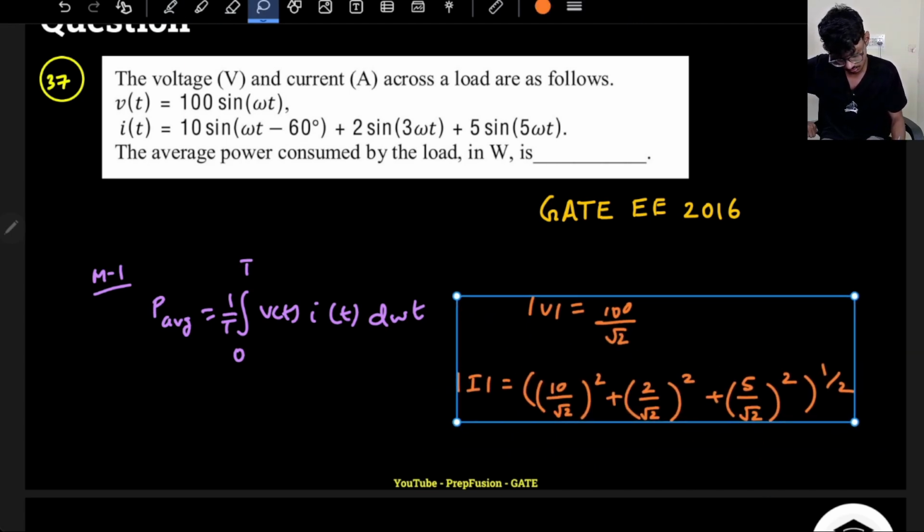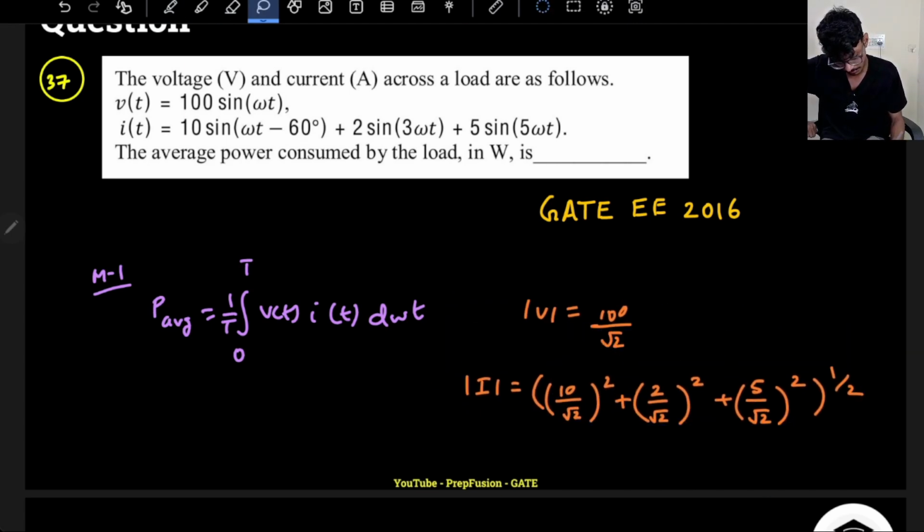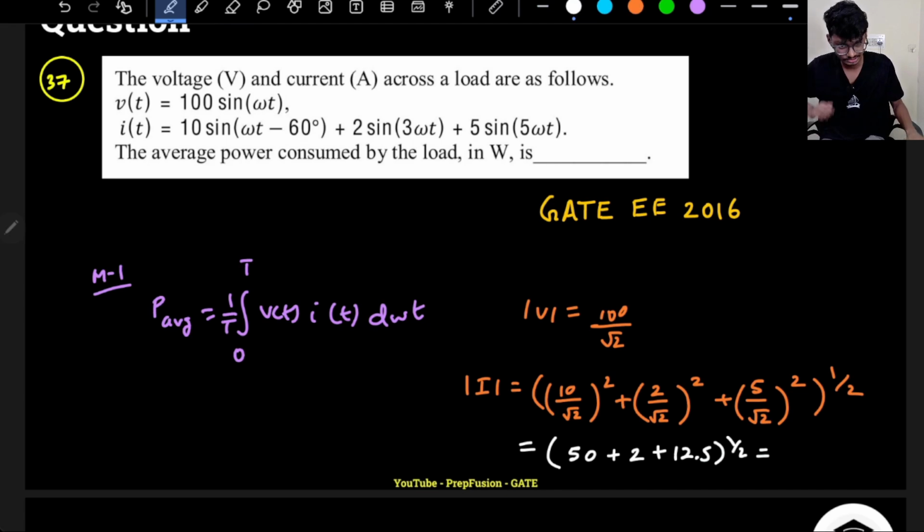This one will be 50 plus 2 plus 12.5 whole under root. So this almost comes out. I will just calculate this value: 50 plus 2 plus 12.5 whole under root.